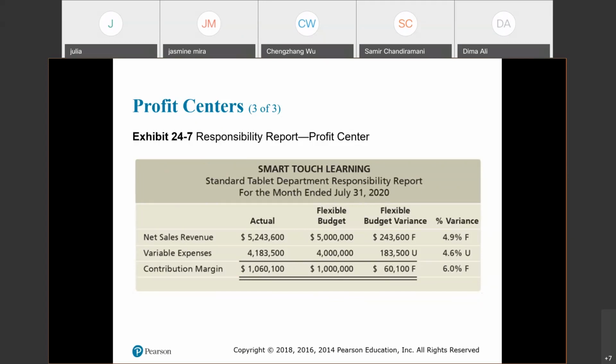The manager for one type of product was most likely to have any control over other decisions made for that processing department. So this is the difference between responsibility reports and performance reports.